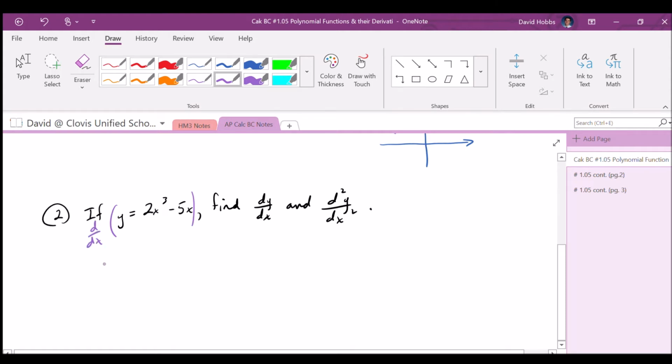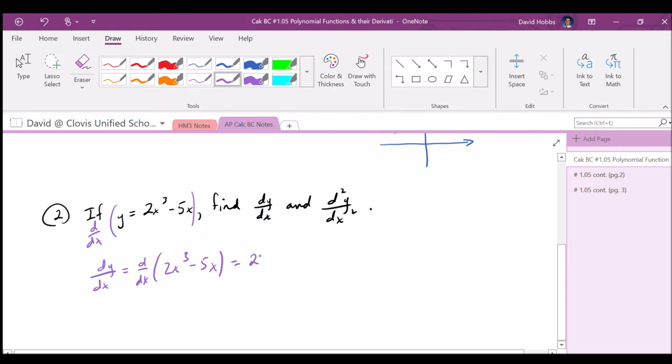So I've got dy dx equals, and I've got the derivative with respect to x of 2x to the third minus 5x. And you just go term by term when it's in this form. Okay. Now, we don't need to show a bunch of work. Really, we just want to kind of go straight to the final answer. But when it gets a little bit more complicated, it's good to know what we're actually doing.